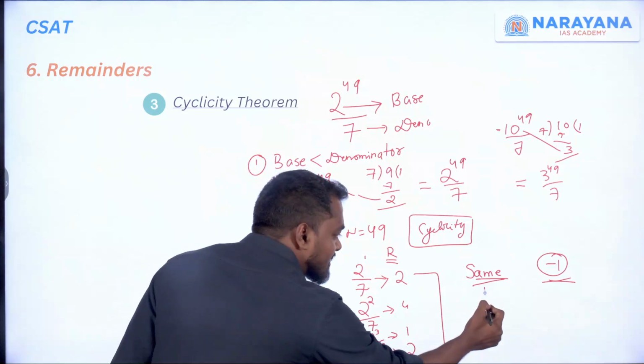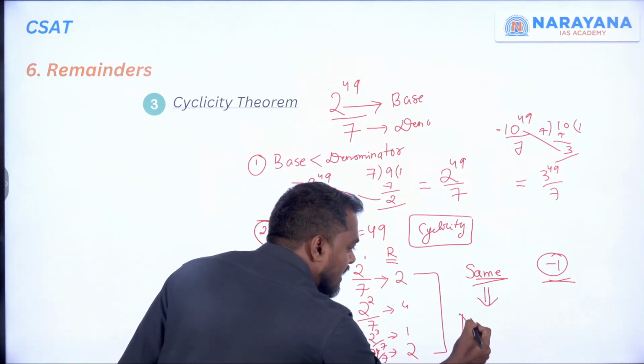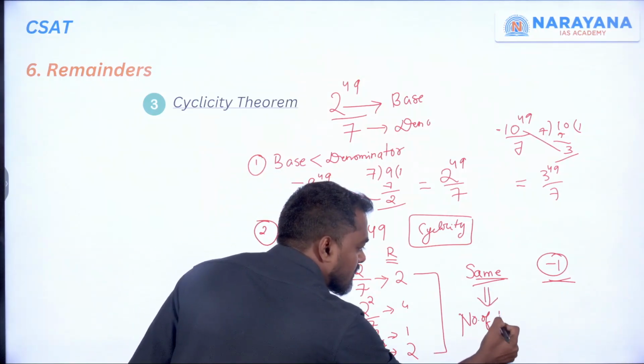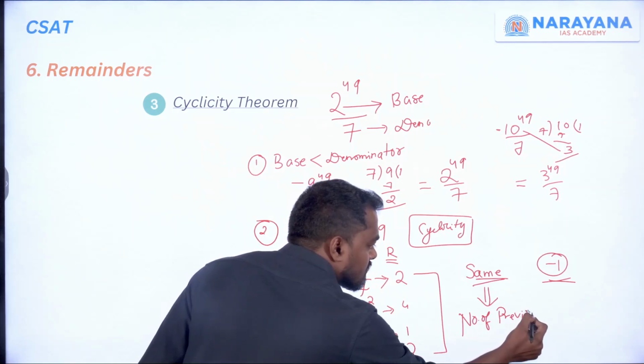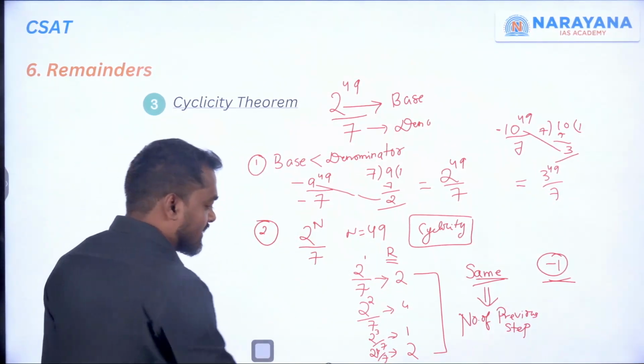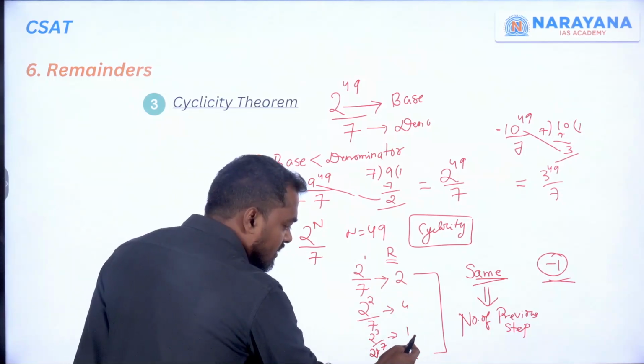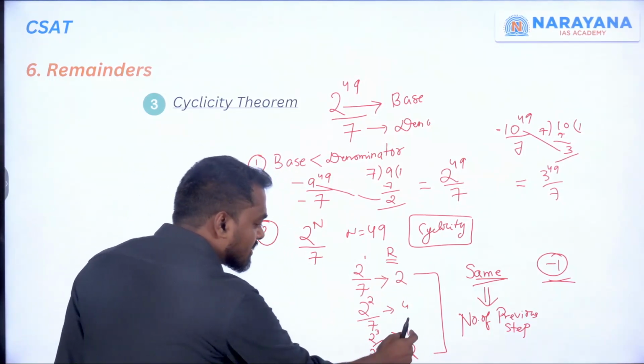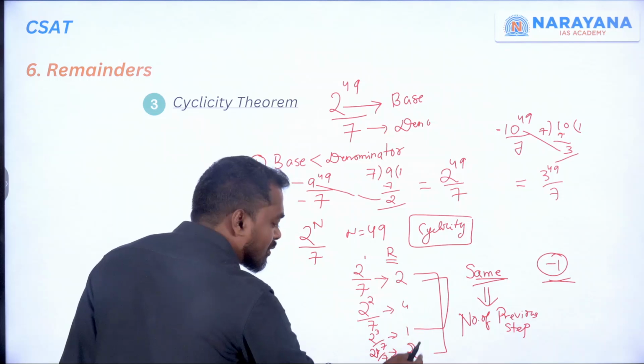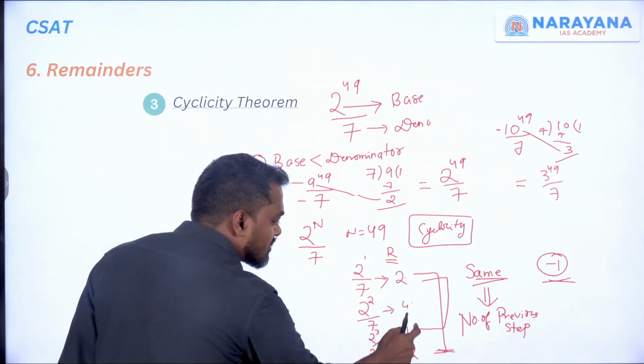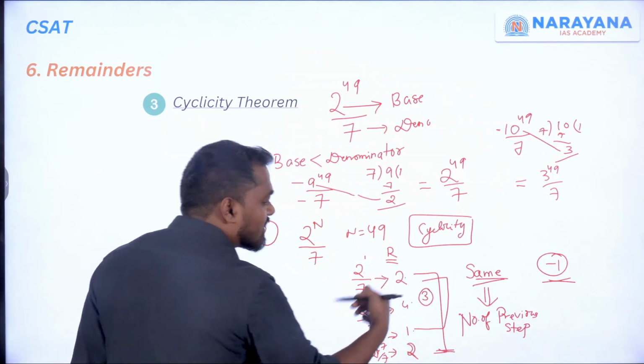Now if you get the same remainder, count the number of previous steps. The number of previous steps will be your cyclicity. So here you are getting the same remainder. What is the number of previous steps? You have to leave this step: 1, 2, 3. So 3 is your cyclicity.